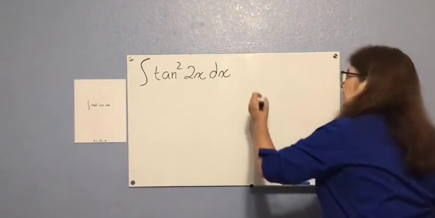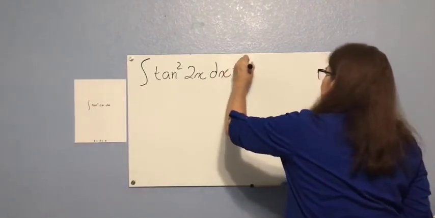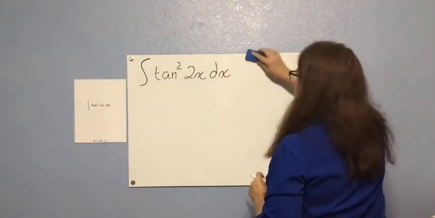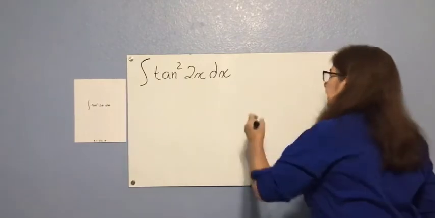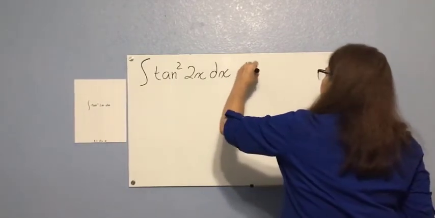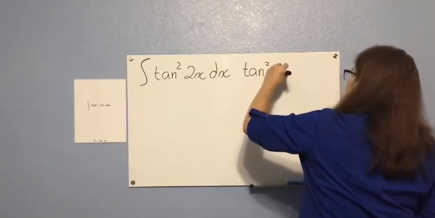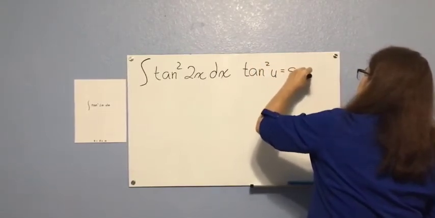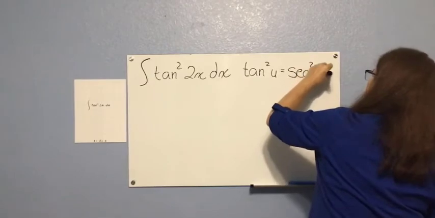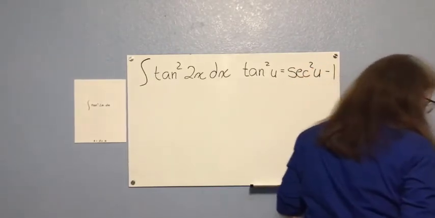So we can use a trig identity to rewrite this. And here's a trig identity. Tangent squared u is equal to secant squared u minus 1.